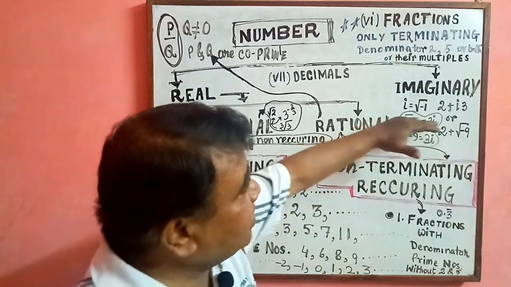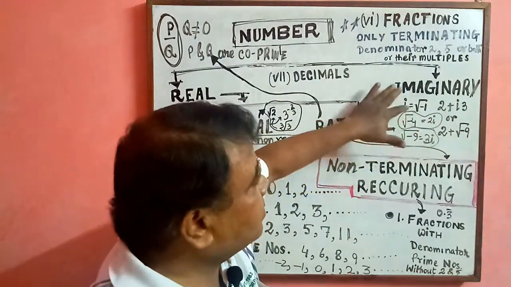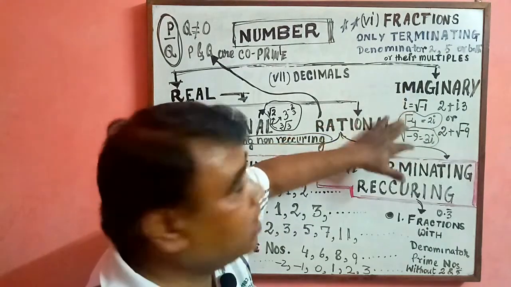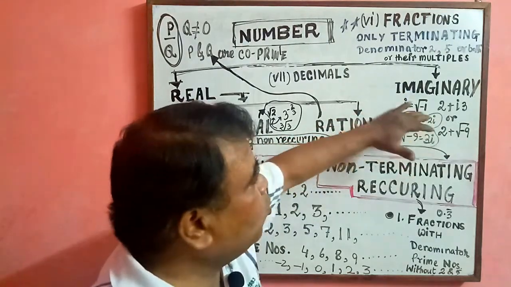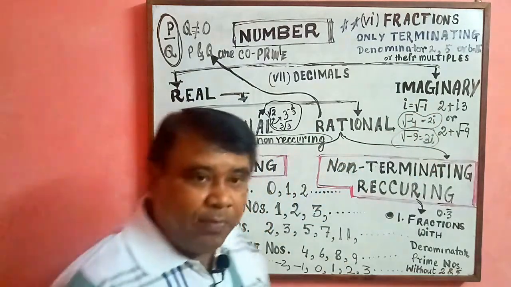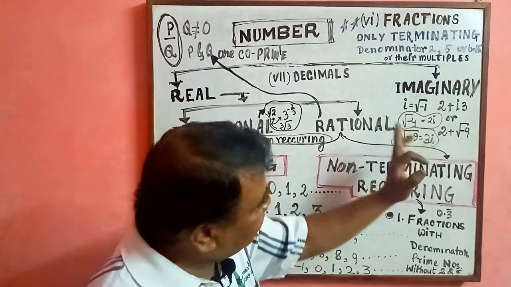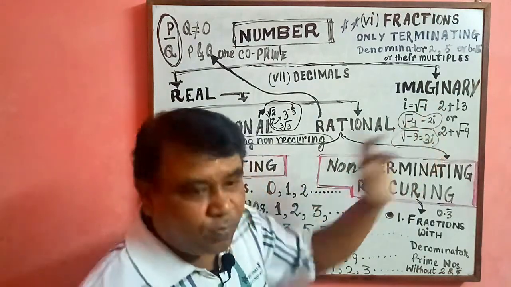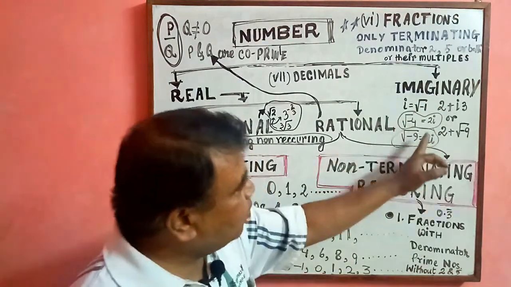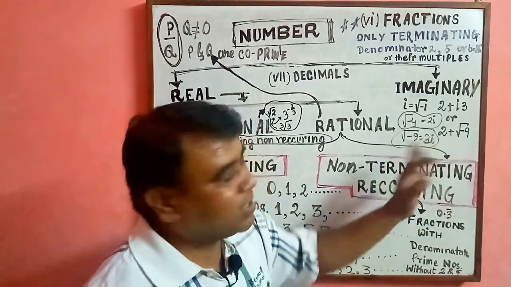So here is an imagination. We have assumed i, representing imaginary number, and its value we have imagined to be under root minus 1. Under root minus 4 is under root minus 1 times under root 4, which is i times plus minus 2.